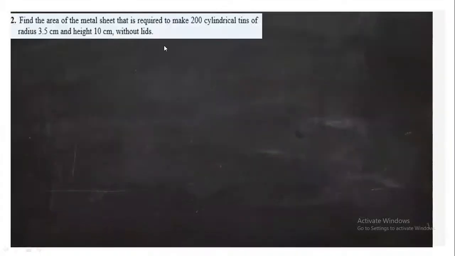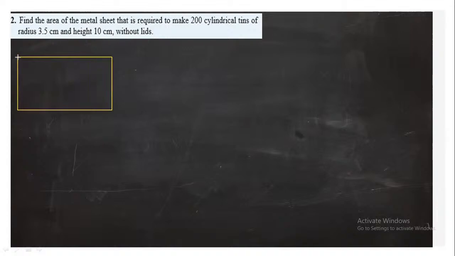Second question. Find the area of the metal sheet that is required to make 200 cylindrical tins of radius 3.5 centimeter and height of 10 centimeter without lids. Yeah, we are going to make 200 cylindrical tins.